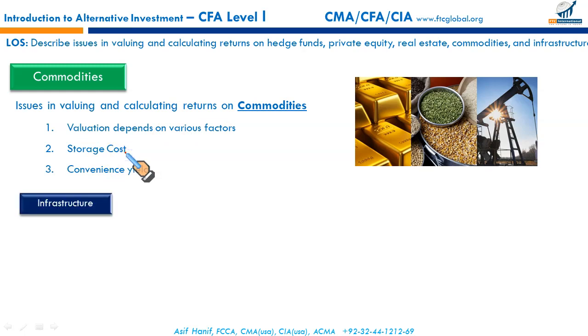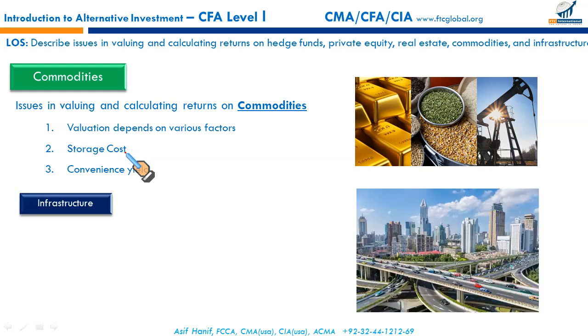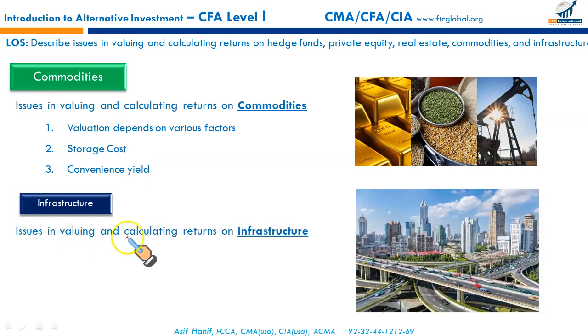Then we have infrastructure. Issues in valuing and calculating returns on infrastructure. For the purpose of valuation of infrastructure, there has to be a good knowledge of regulatory risk, because it heavily relies on the knowledge of regulatory risk, construction risk, and of course the reliability of cash flows.